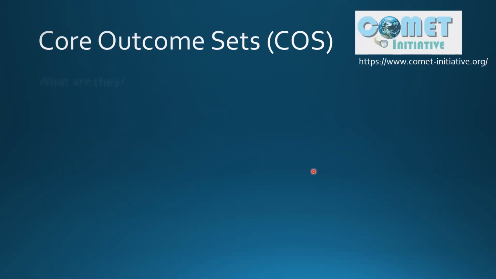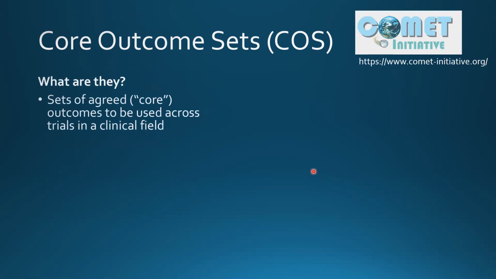So core outcome sets are sets of agreed or core outcomes that can be used across trials in a clinical field. So, as many of you in the audience are probably trials methodologists, you know that there are lots of different ways to measure any one outcome.